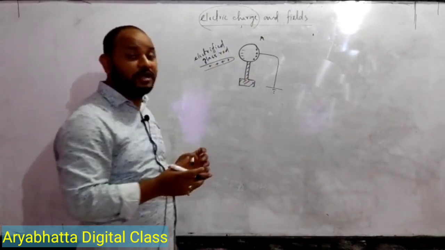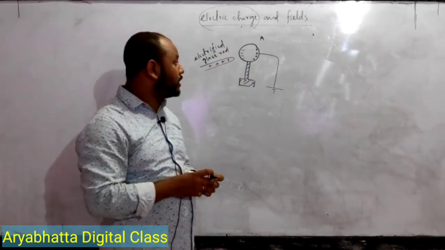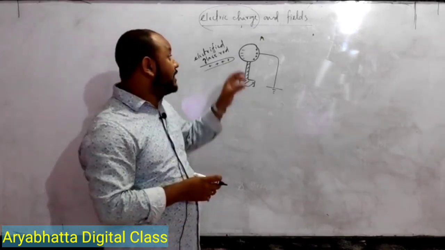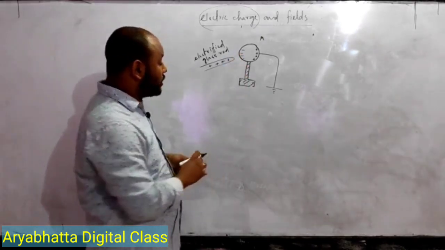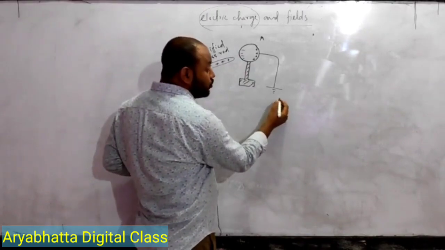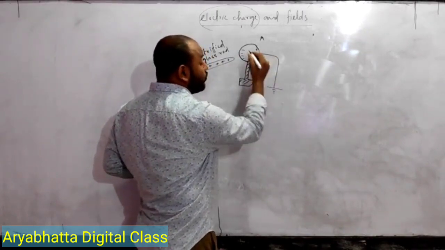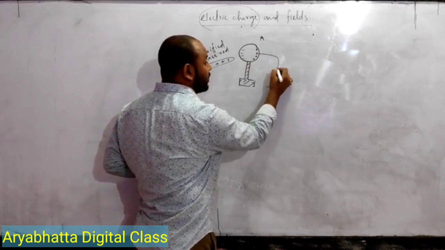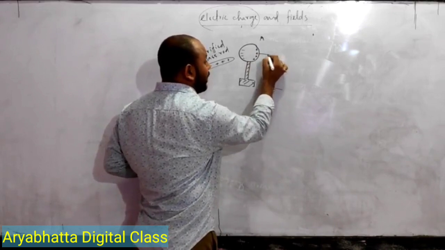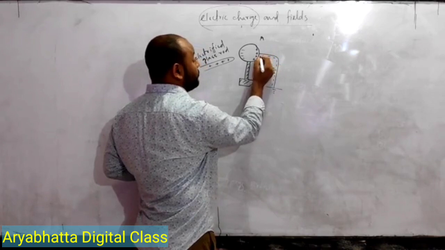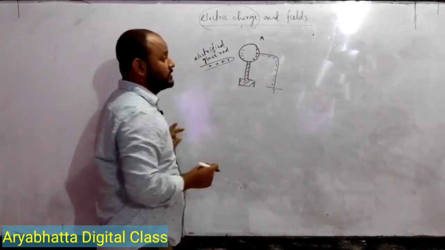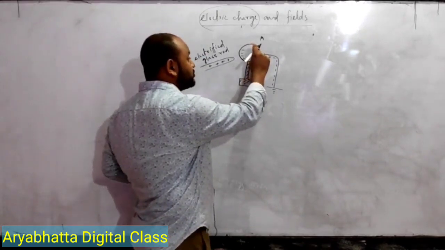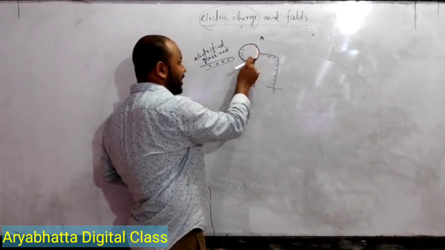Positive charge means the deficit of electrons. Okay, and the electrons will go through this conducting wire from earth, and those electrons will fulfill the vacancy of the atom, for which the positive charge will be neutralized.